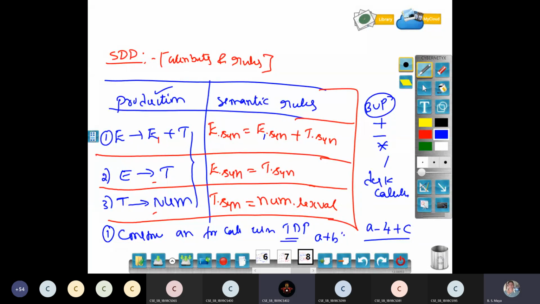You need to remove left recursion for the same grammar. That production should be taken as the initial step for the SDD and annotated tree. Clear?